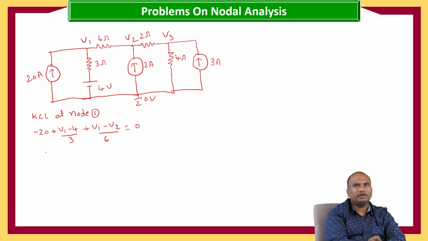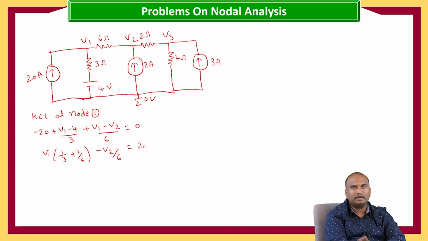That is, if we take V1 common, (1 by 3 plus 1 by 6) V1 minus V2 by 6 equals 20 plus 4 by 3. This is our equation number 1. This is KCL at node 1.